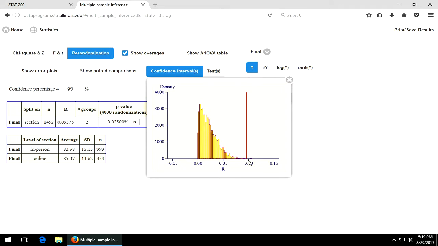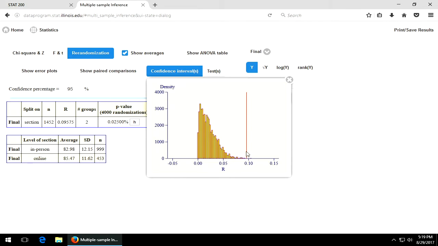Now we have 0.025% of the 4,000 randomizations actually getting as big a difference, as strong a correlation between which section you're in and your exam score, as our sample.